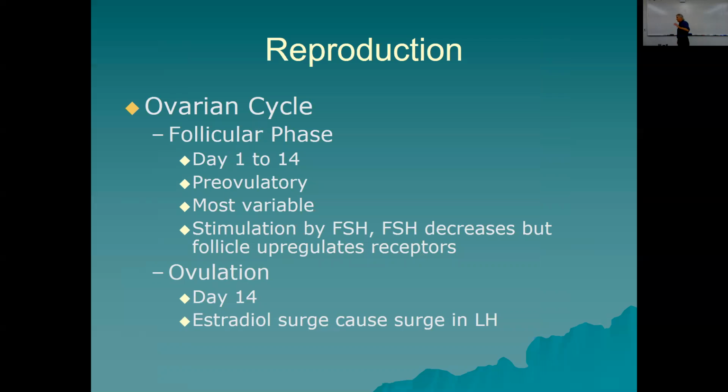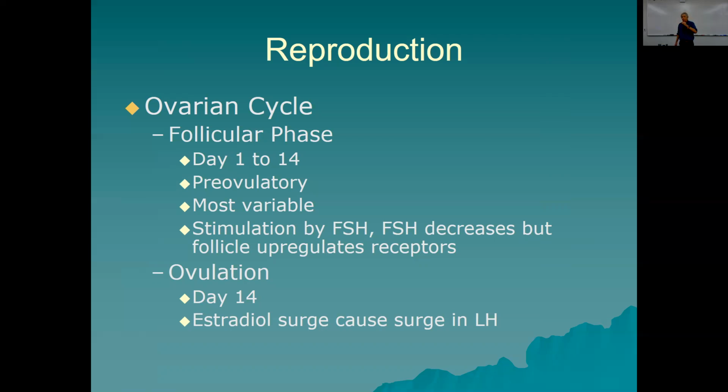Okay, so ovarian cycle. Follicular phase, day 1 to 14. A follicle is being developed. So it's pre-ovulatory, before ovulation. It's the most variable stage.